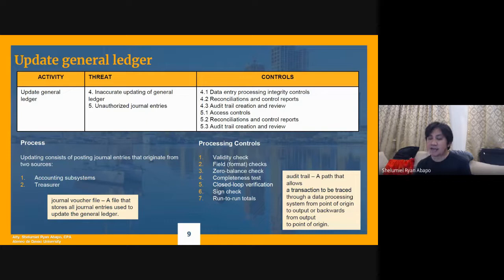The validity check is a control that ensures now the general ledger account exists inside the system for each account number that is referenced in your journal entry. So for example, if you create now a journal entry, you pick now the code of the account title from the chart of accounts. The validity check will determine if what you've entered is actually an existing or correct account title.